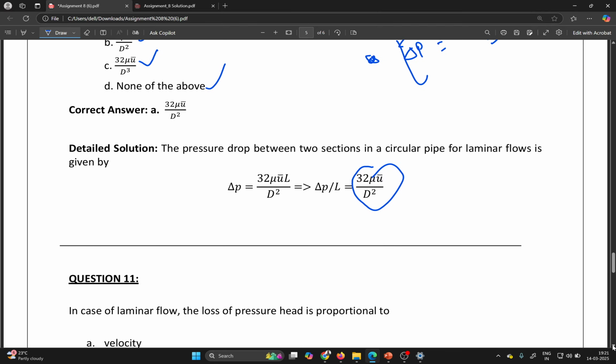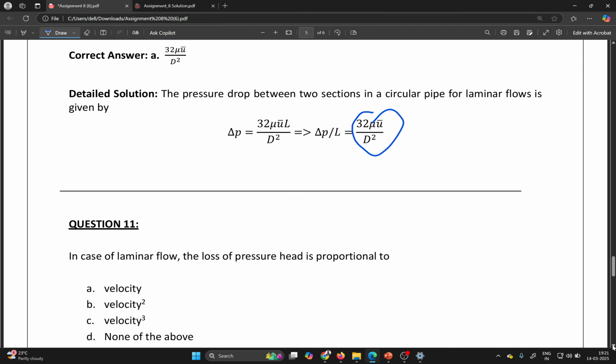Next is question number 11. In case of laminar flow, the loss of pressure head is proportional to: velocity, velocity square, velocity cube, none of the above.